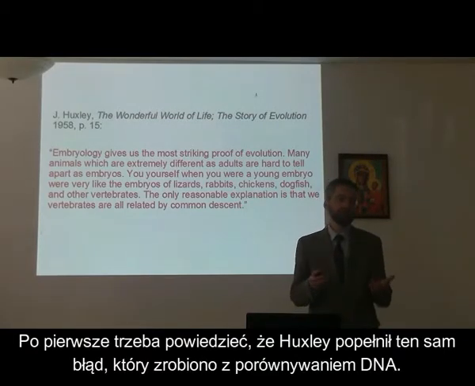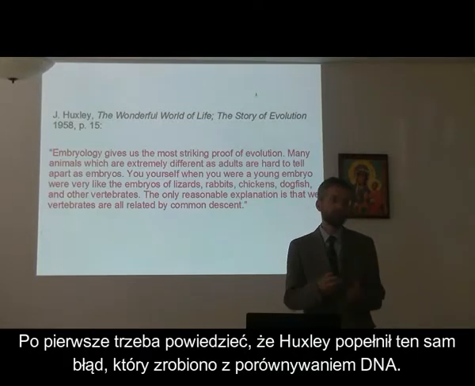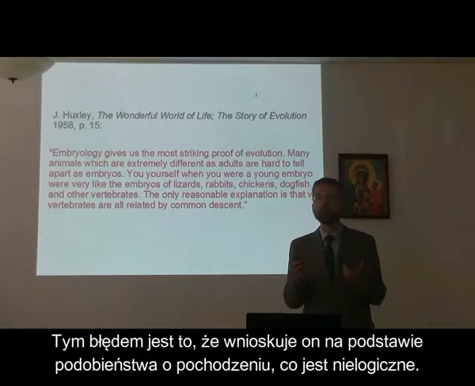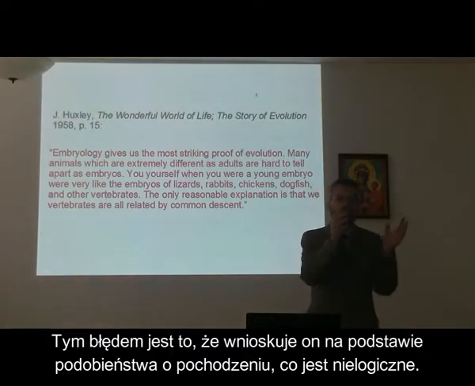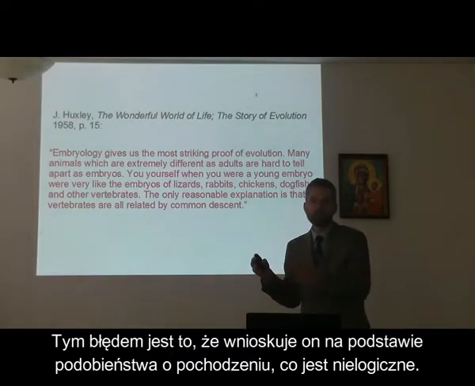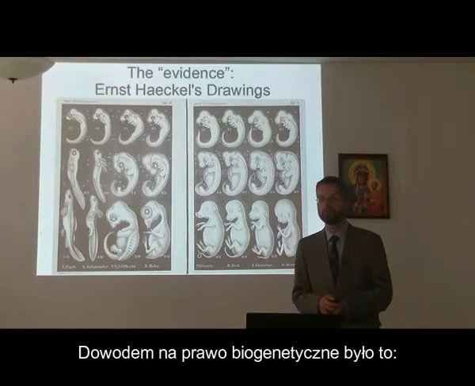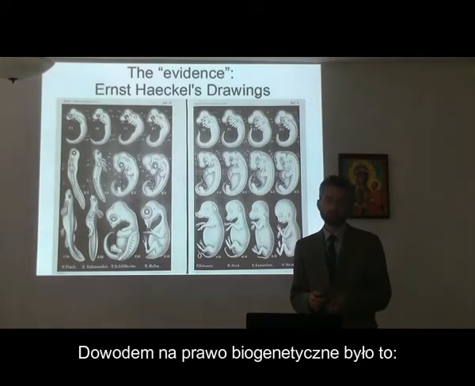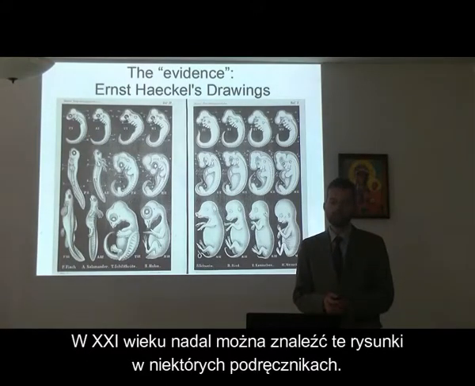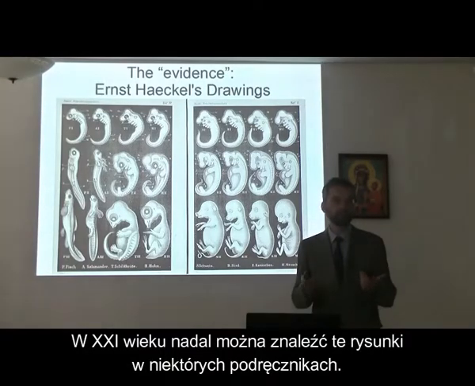Now, first we must say that Huxley makes the same mistake as was done with the DNA comparisons. This error is that he concludes from similarity to descent, which is wrong logic. But let us examine further whether there is really this similarity. The evidence for the biogenetic law was this. This is still found in some textbooks of the 21st century.